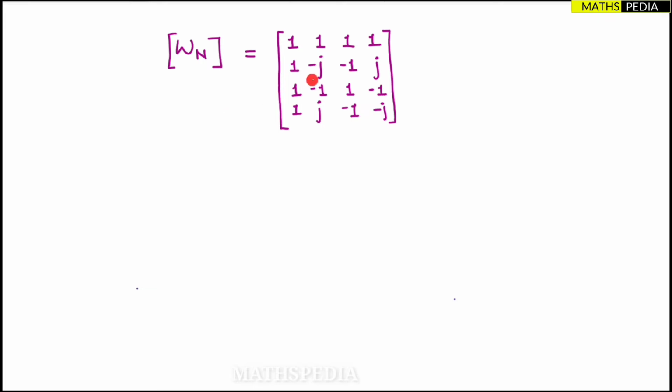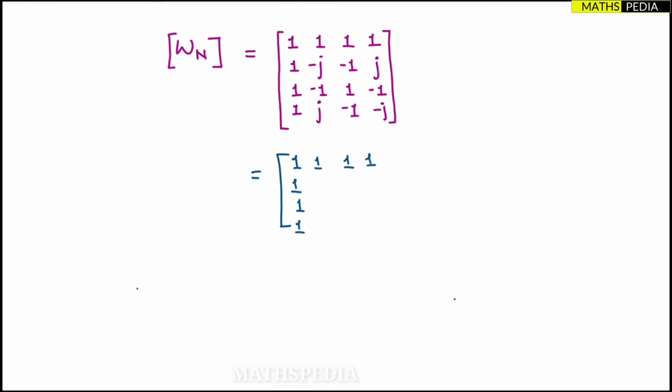Now next, this thing you need to understand. The rows are: 1 1 1 1, then 1 minus j, minus 1, j, then 1 minus 1, 1 minus 1, then 1 j, minus 1 and minus j. I'll teach you how to write this matrix also. One easy method is there; you can choose your own method in order to learn this matrix. What I used to do is keep the first row the same, that is 1 1 1 1, and the first column 1 1 1.